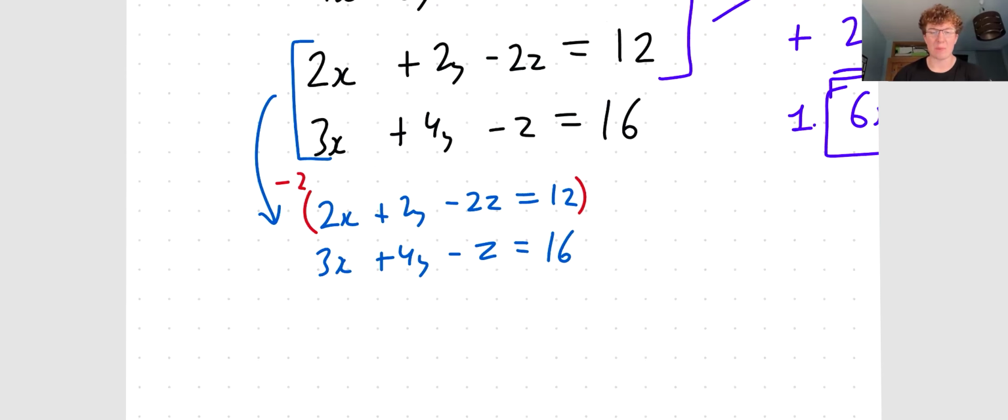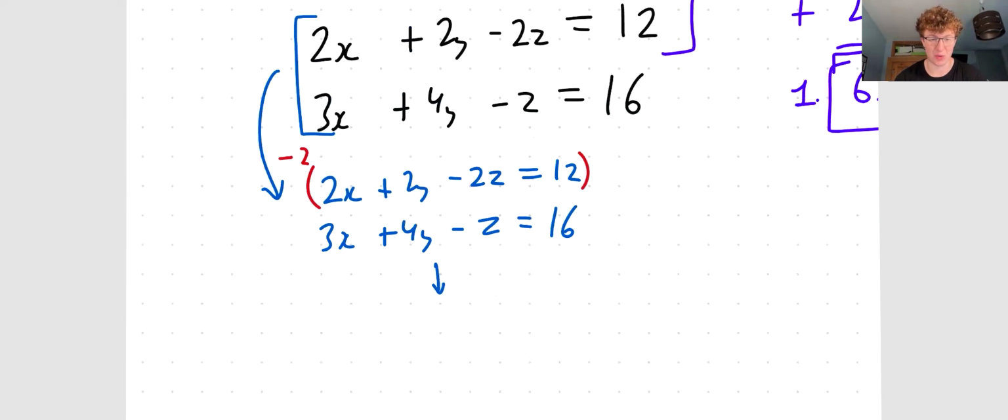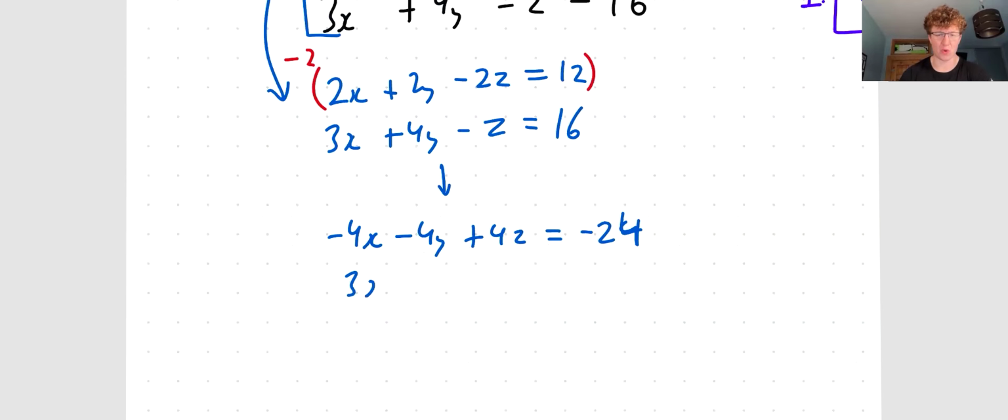Because we have a plus 2y here and a plus 4y here, and I want it so that when I add these equations, the y vanishes. Multiplying this equation by minus 2, I get a minus 4y here, and that will cancel with the plus 4y, giving 0 for the y's. Negative 4y plus 4z is equal to minus 24, because I multiplied that whole top line by minus 2. And then the bottom line we can just keep the same: 3x plus 4y minus z is equal to 16.